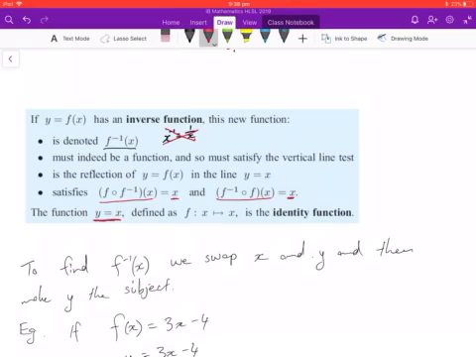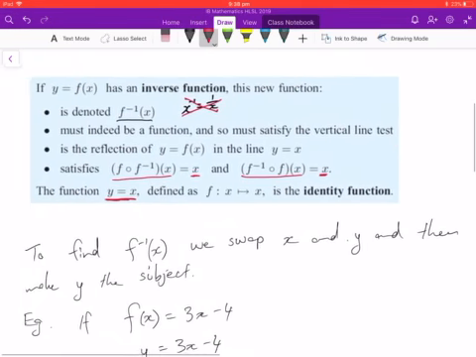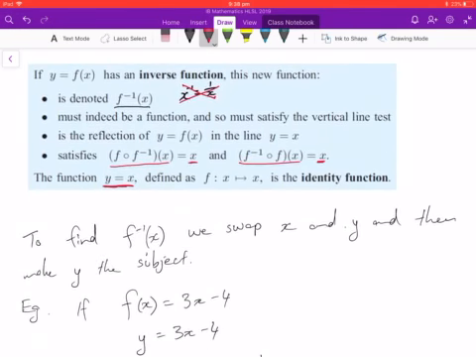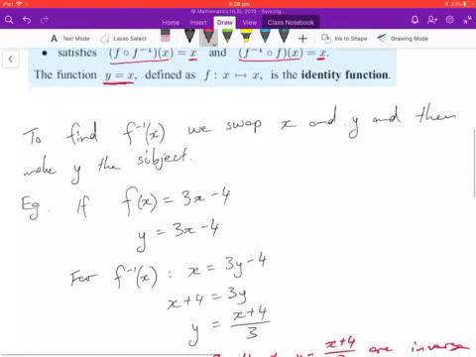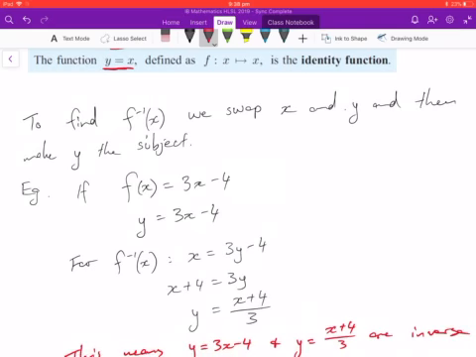All right. Now, how do we find an inverse? Well, it's actually very straightforward algebraically. To find f inverse of x, we swap the x and y and then make y the subject. That's what we're used to seeing. So we see here, if f of x is equal to 3x minus 4, so we can say y equals 3x minus 4.